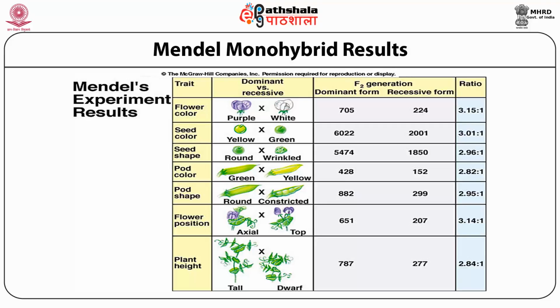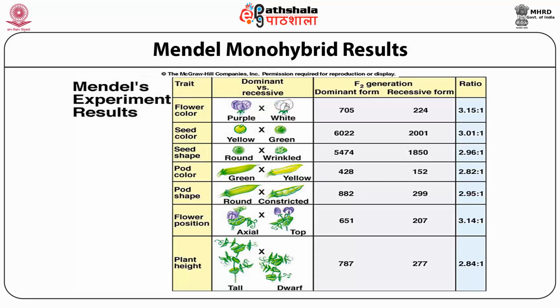In the color of flower, the dominant is purple over white. In color of seed, yellow is dominant over green. In the shape of seed, round is dominant over wrinkled. In color of pod, green is dominant over yellow. In the shape of pod, round is dominant over constricted.